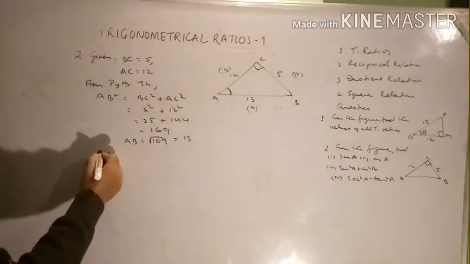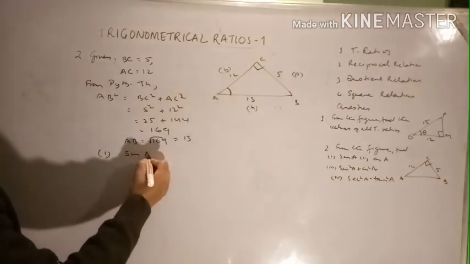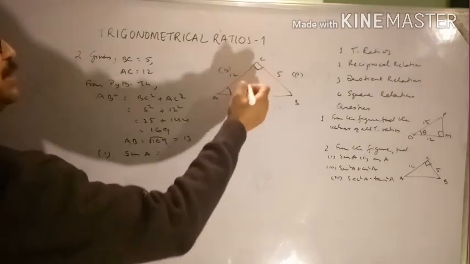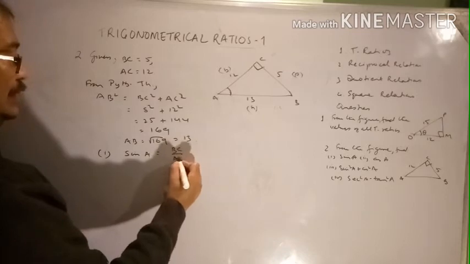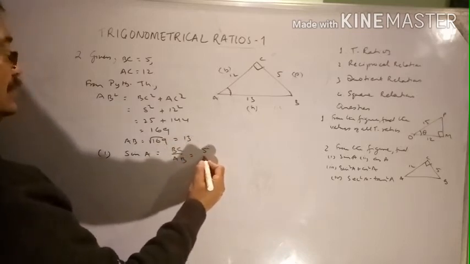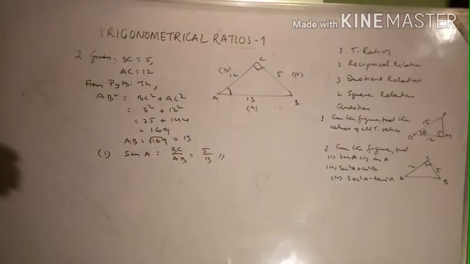Now question number 1. We have to find the value of sine A. So sine A is equal to, with angle of reference A here, opposite by hypotenuse, that is BC by AB. So BC is 5 and AB is 13. We can check whether it simplifies further. 13 is a prime number, also 5.